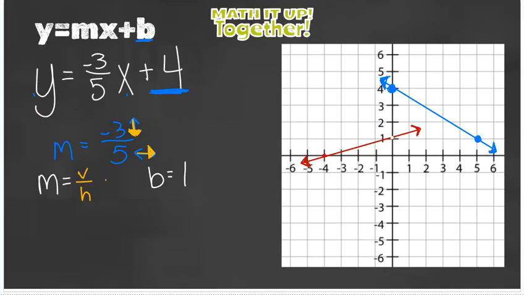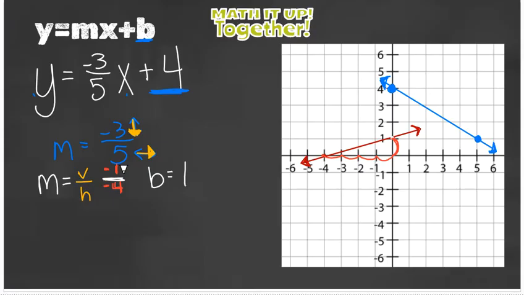Let's see what our vertical movement is here. I've got to get from this point to this point. Our vertical movement here is just 1. I'm going down 1, which means that is a negative 1. And I am also going left, 1, 2, 3, 4. So that's a negative 4 for my movement there.